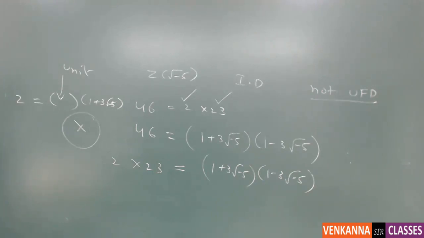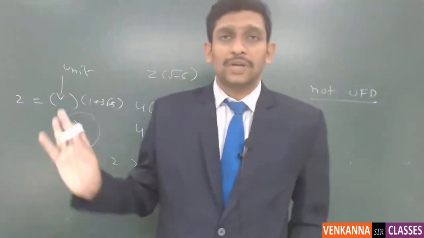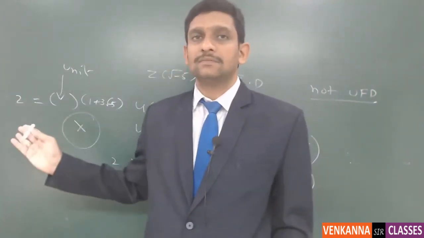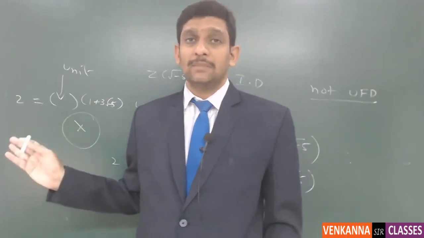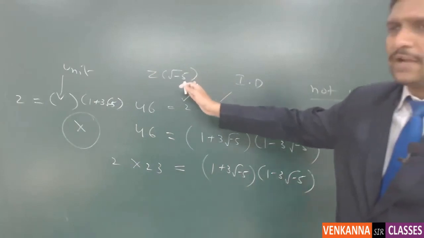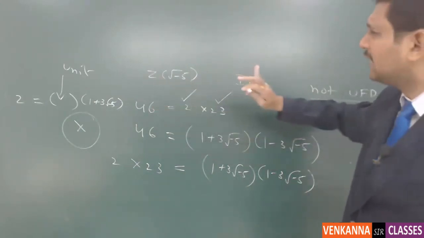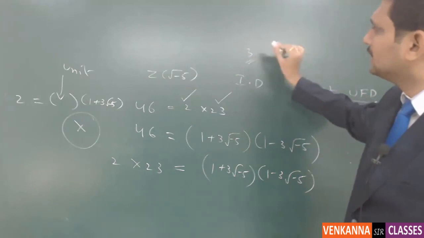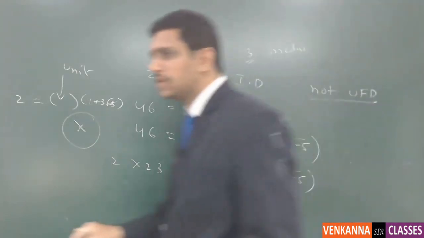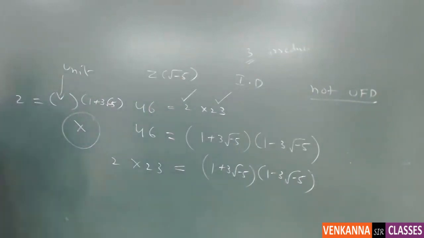Do you agree or not? If you have a doubt, you can check, because 2 is an irreducible element. You cannot reduce it further. Because I think on the same set Z of root minus 5, we have solved one problem where I think I have taken 3. 3 is an irreducible element, I think I have taken there. Did you observe? I have taken a problem on Z of root minus 5.